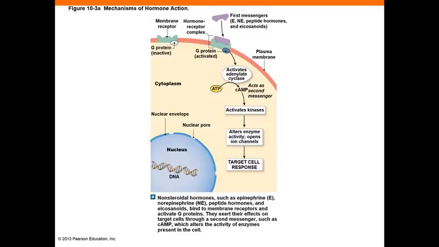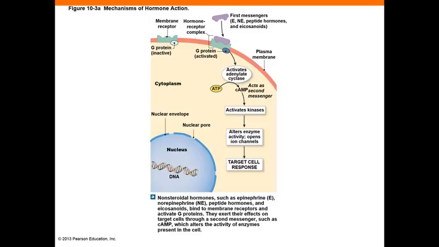The effect is not direct. These hormones are first messengers that activate second messengers in the cytoplasm. In this picture, the first messenger activates a G protein, which is an enzyme complex.